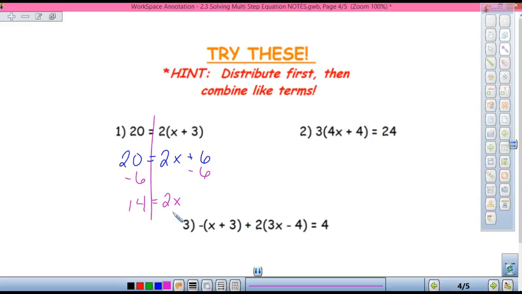We're good? You should get x equals 7. If you didn't get that answer, let me know so I can come around and help you. Everyone else should be working on number 2.